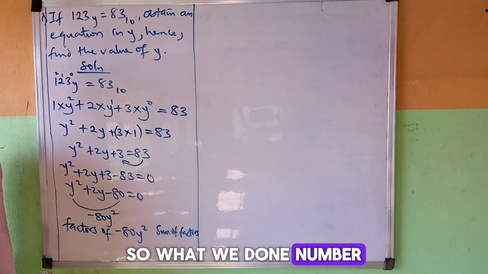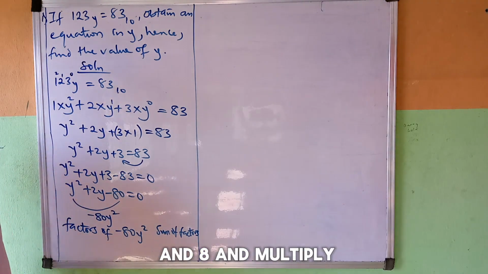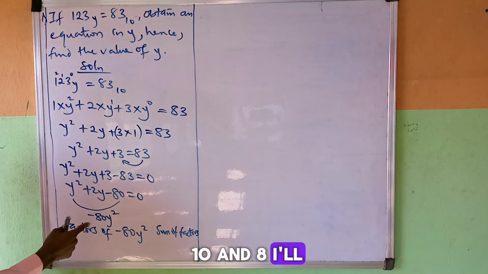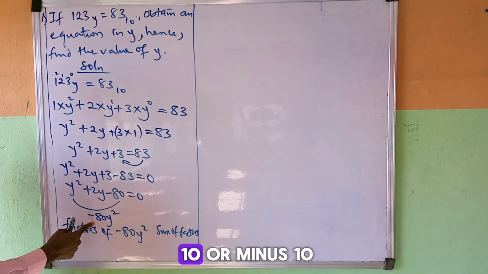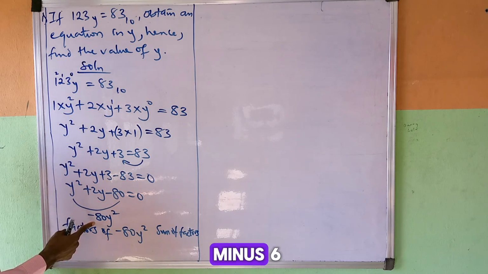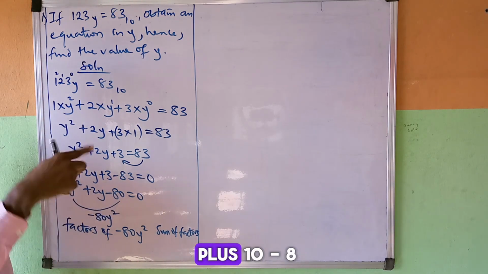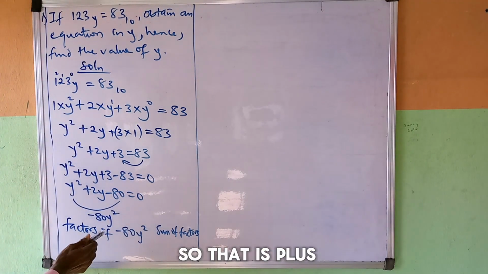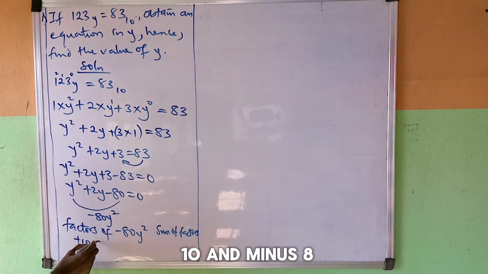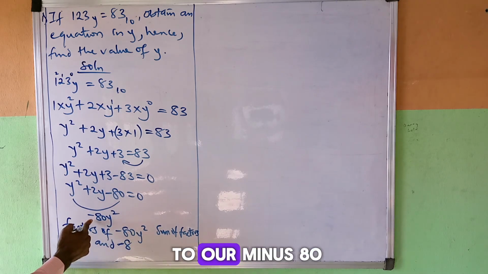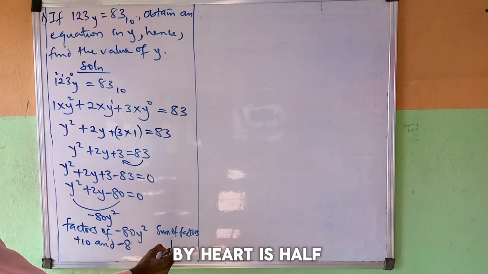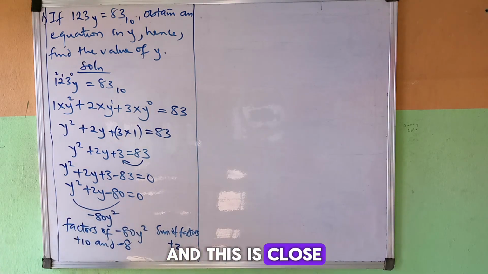So what will that number be? It should be 10 and 8. If I multiply 10 and 8, I'll get 80. But is it going to be plus 10 or minus 10 or plus 8 or minus 8? Because we have plus 2y here, it has to be plus 10 and minus 8. Because if I multiply these two, I will have minus 80, but if I add them, I will have plus 2, and this is plus 2y.